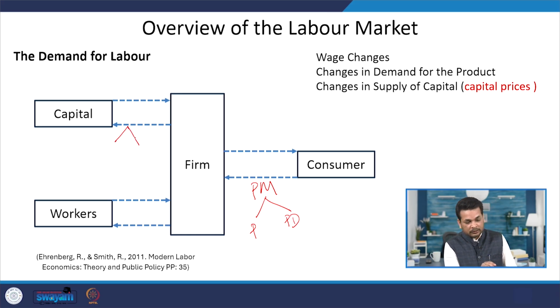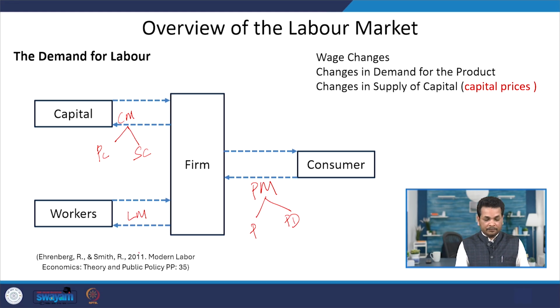The outcome would be the supply of capital and the price of capital in the capital market. The firm interacts with the labor in the labor market, whose outcomes are the wage rate and the demand for labor.